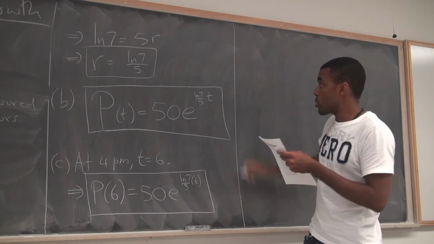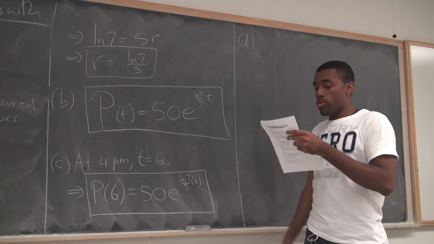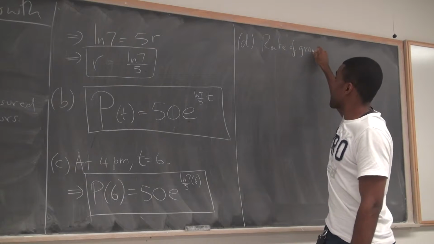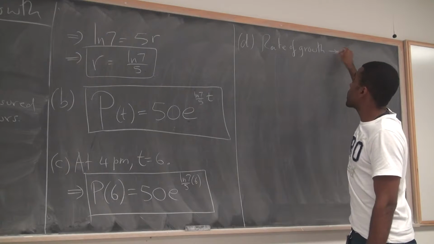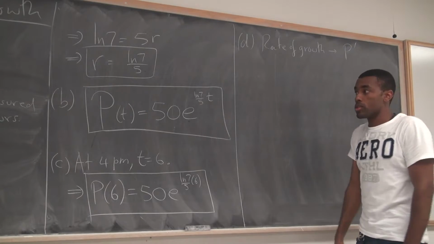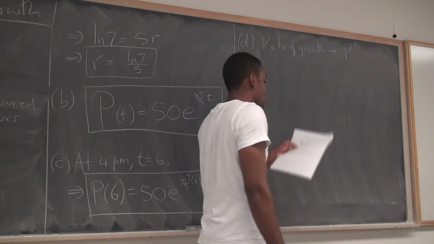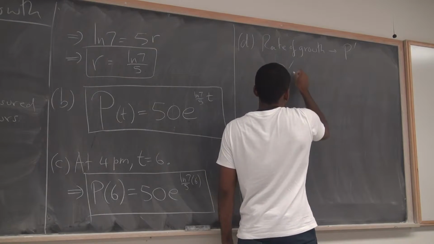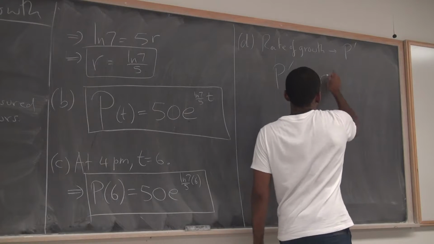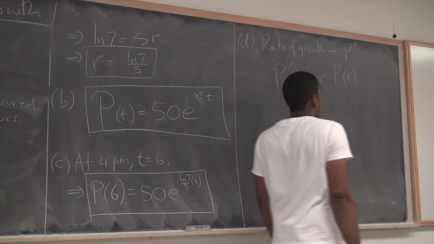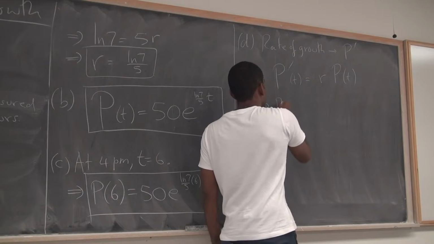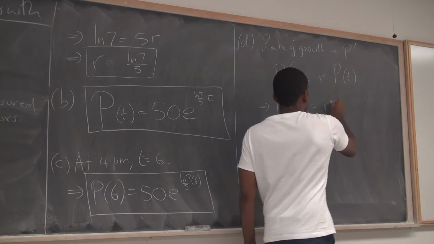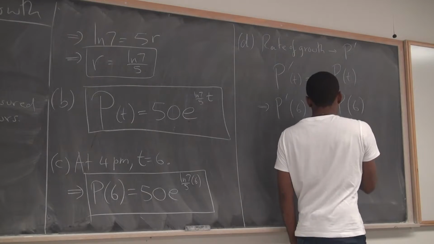What is the rate of growth? So rate of growth refers to what? Right, P prime is what rate of growth refers to. Okay, so I need to find P prime at 4 p.m. So I know that P prime of t is equal to R of P of t, right? Which means P prime at 4 p.m., meaning time is 6, is just R times P of 6.